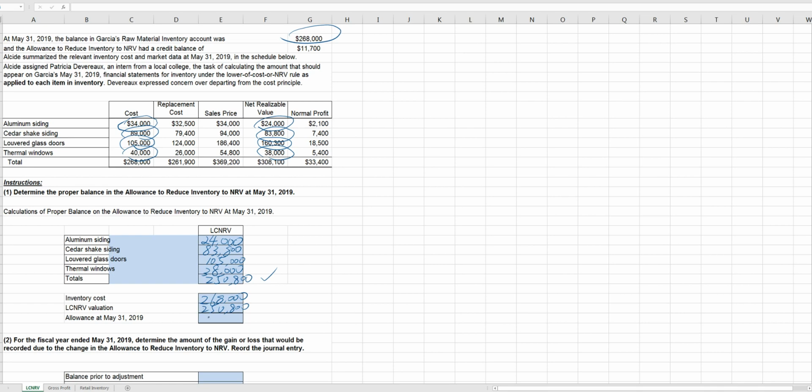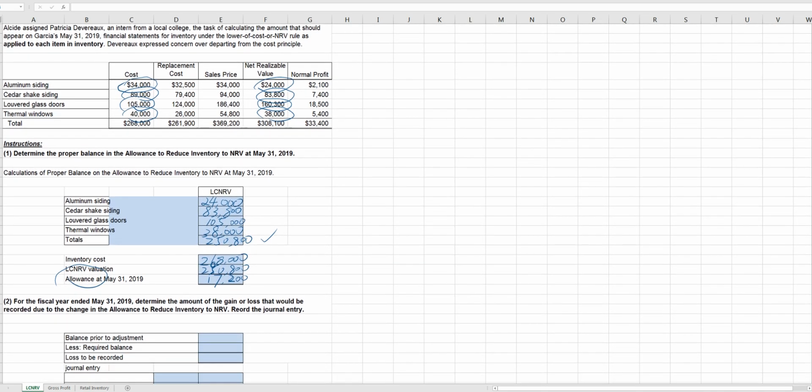So the difference between these two will be the allowance, $17,200. This is the allowance we need to reduce inventory to NRV. In other words, this is a desirable allowance.